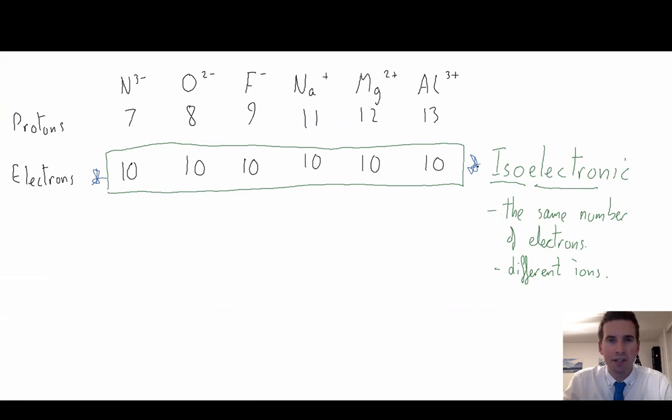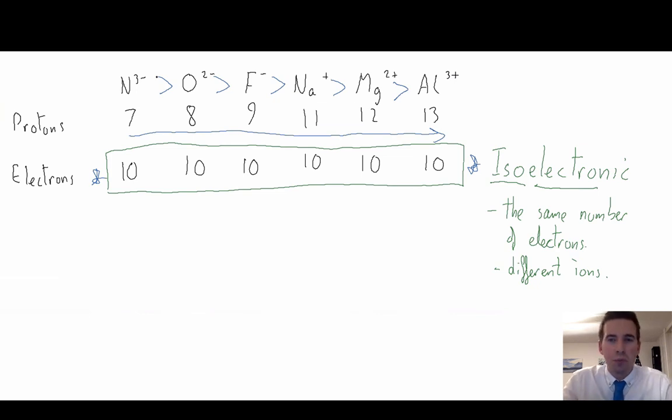Now the second factor is the nuclear charge. Now obviously, the amount of protons is increasing. Now the more protons there are, the greater the pull on those electrons. So aluminium will actually have the smallest ion, and nitrogen will have the biggest.